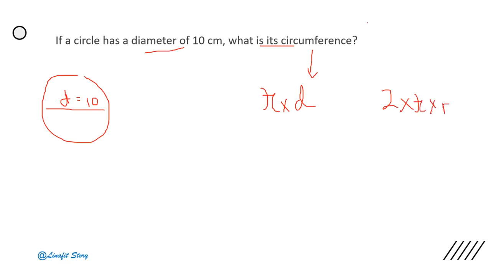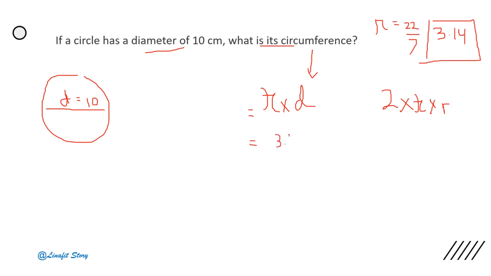And then don't forget, if the diameter or the radius is divisible by 7, you may use pi equals 22 over 7. Otherwise, you may use 3.14. So now over here, the diameter equals 10 cm. Then we may use this formula, pi times diameter.